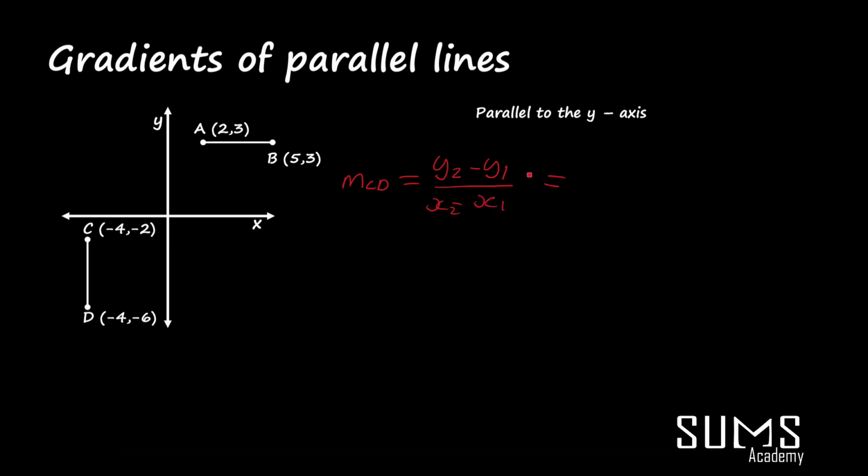Let's plug these numbers in. So you have minus 6 minus minus 2, all over minus 4 minus minus 4.